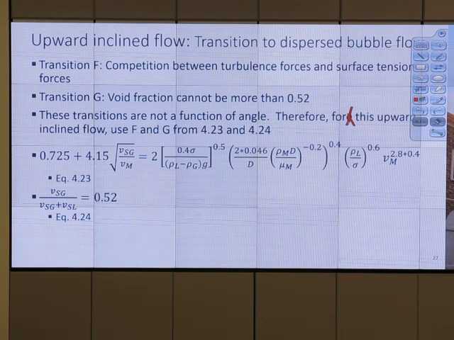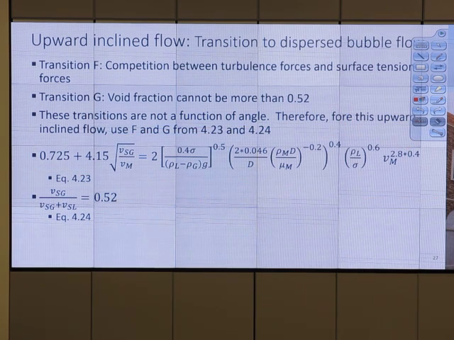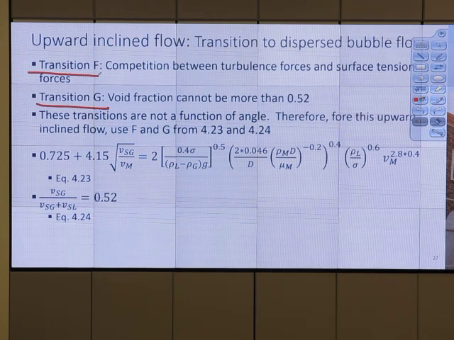I found later that the equation that I showed to you is not the same as in the book, but that is a typo. We should use the one in the book, okay? So transition F and G are good already, they can work from 0 to 90. This is the chapter that tells you that. When you have F and G, you can use them all the way from 0 to 90.